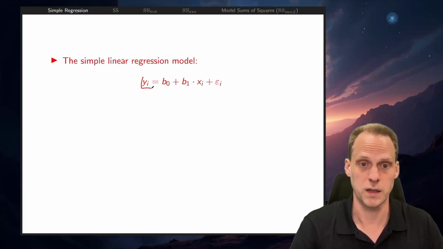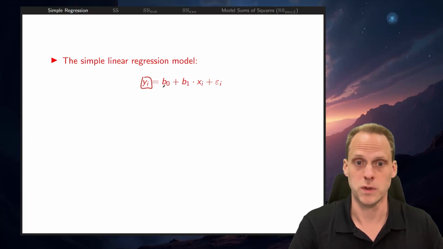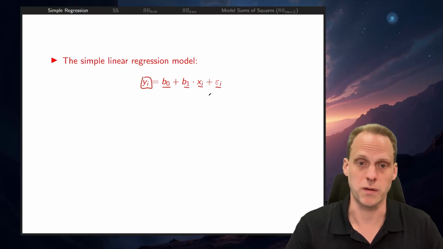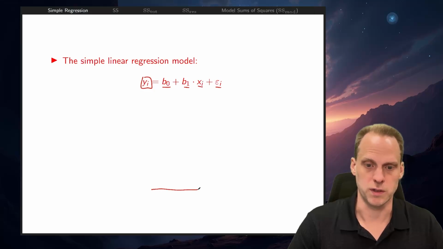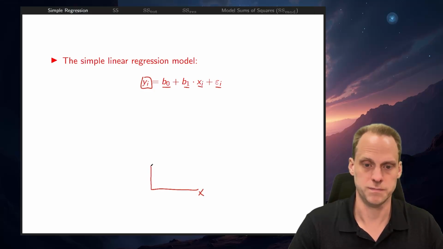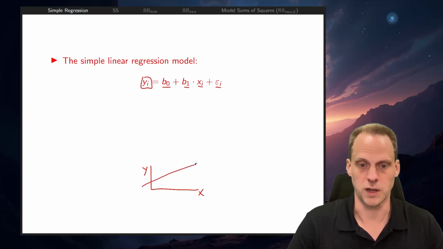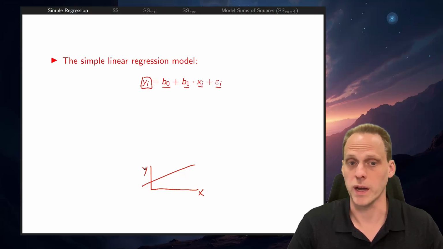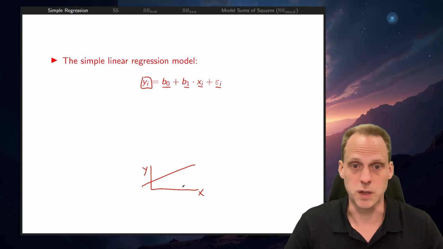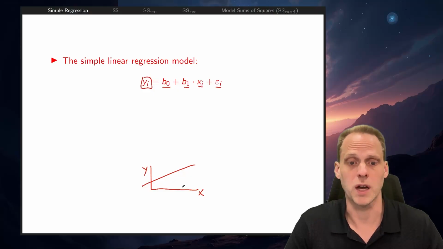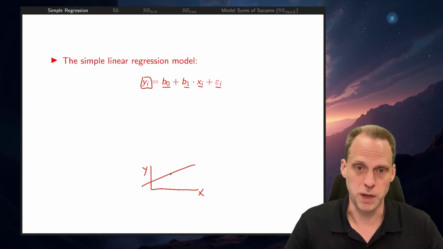We have y, which is the outcome variable, some intercept plus some slope times x plus the residual or the error around it. We assume that there is some real straight line between x and y that explains the relationship between x and y, x being your independent variable or your predictor, and y being your outcome variable or your dependent variable.